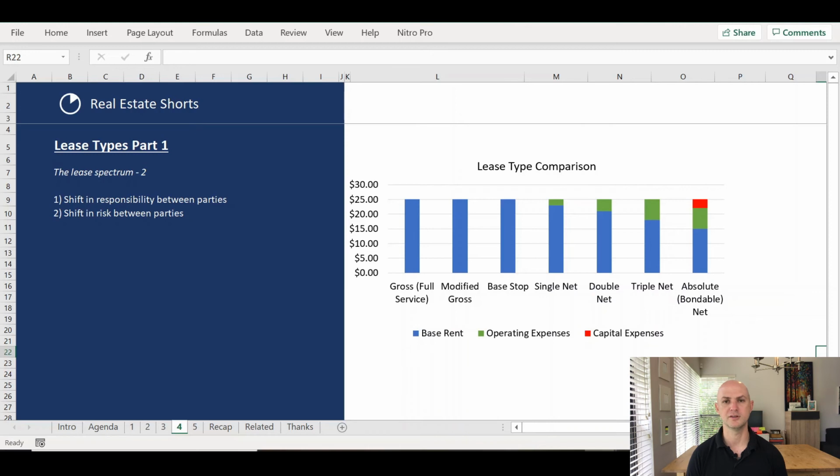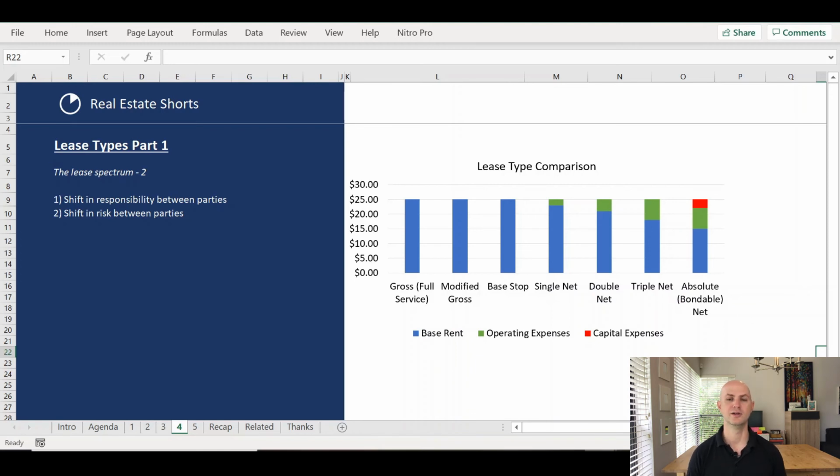So let's say, for argument's sake, you believe as an owner that insurance may go up, or that utilities are probably better managed by the tenant than by you. Let's say it's a specialty restaurant. And so in doing so, you're finding a way to shift the responsibility away from you onto the tenant so that they can manage it better according to their business line, or so that you can manage it, because in the insurance example, maybe you have a better insurance carrier and lower premium than the tenant may.